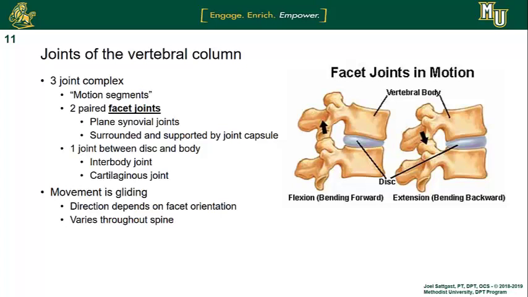And they're considered plain synovial joints with support by a joint capsule, thus why oftentimes facet dysfunctions are so impactful, because there's a joint capsule, but there's also an innervation, and so facet pathology can be quite debilitating for our patients. Movement is often gliding. The direction does depend on the facet orientation, so keep in mind in the lumbar spine, those are oriented at a 90-degree angle, and that will vary throughout the spine, whether you're in the cervical, thoracic, or lumbar region.